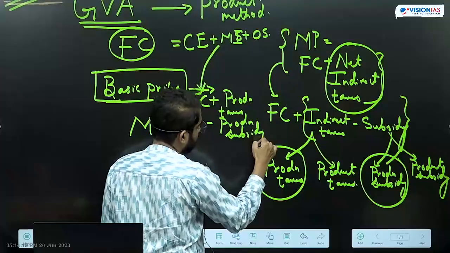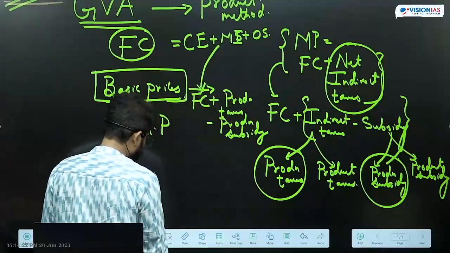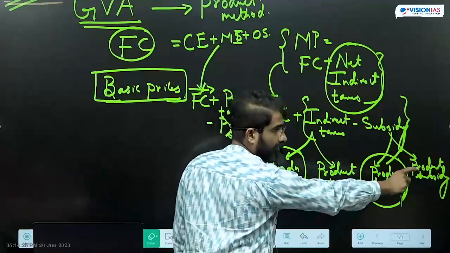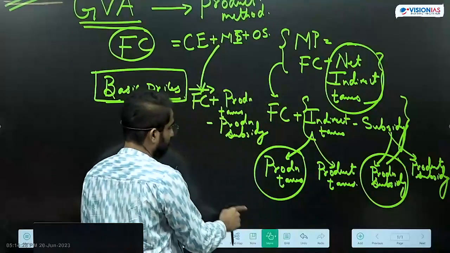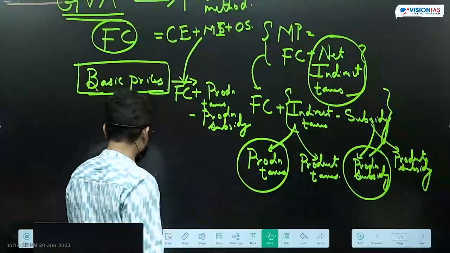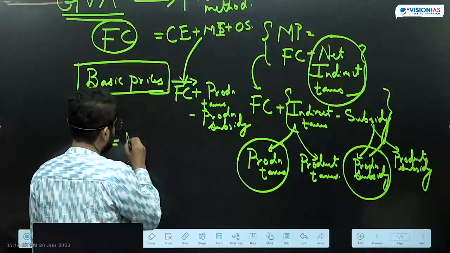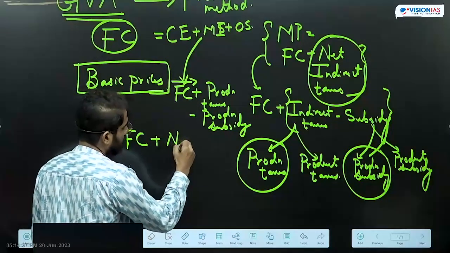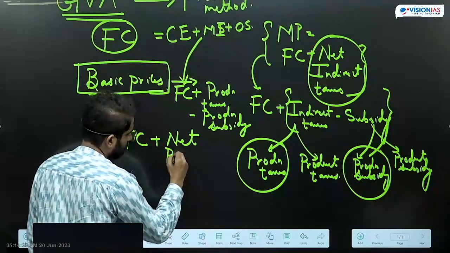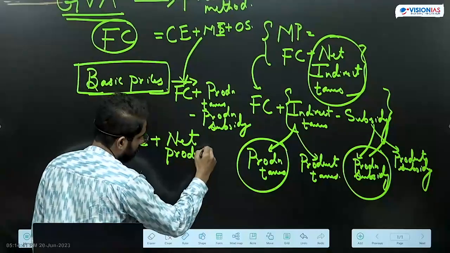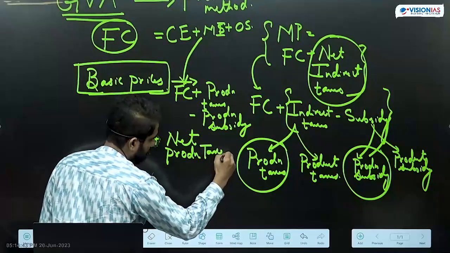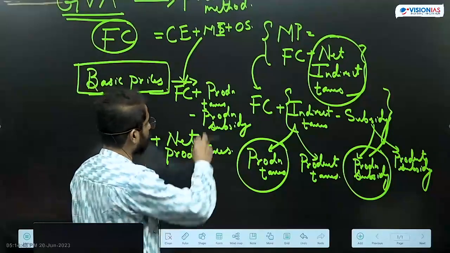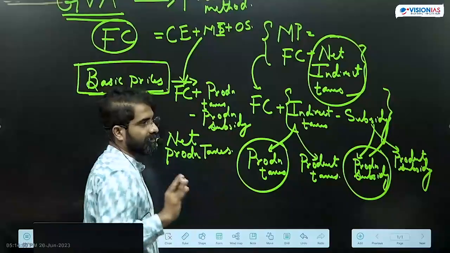What they have not taken is product taxes and product subsidy. It can also be written as factor cost plus net production taxes. Is this clear? Net production tax is production tax minus production subsidy.